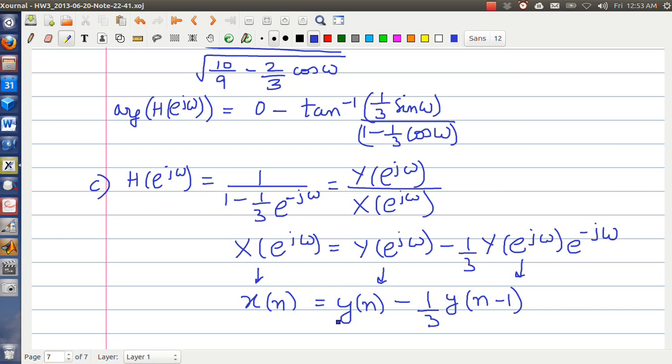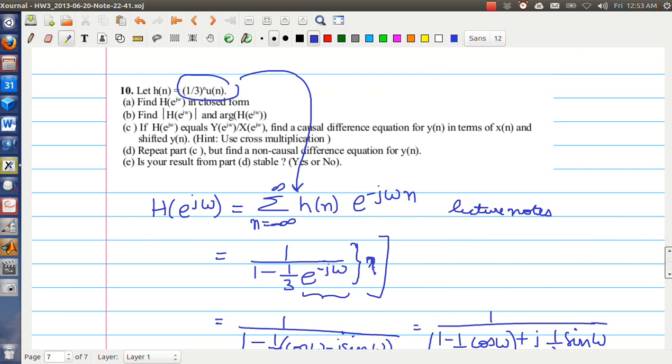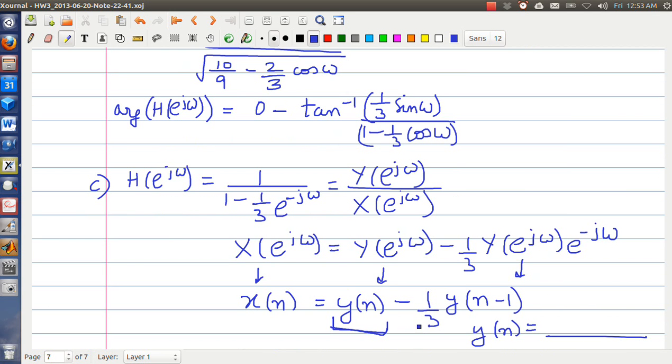So for the difference equation, just rearrange in terms of y. So give me something like y of n equals what? And that's a causal equation, right? Because you've written y of n in terms of y of n minus 1.